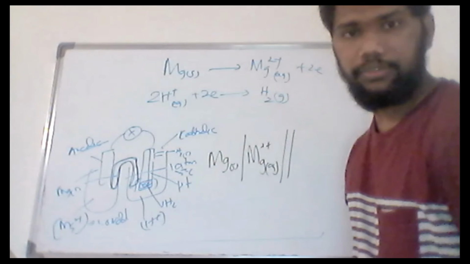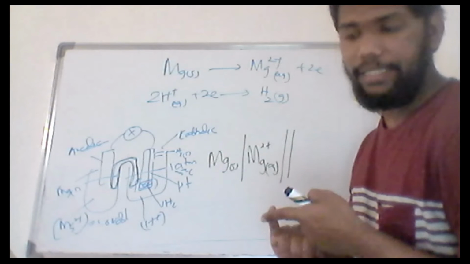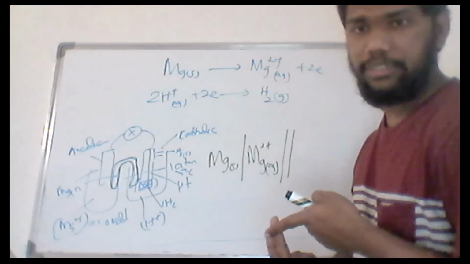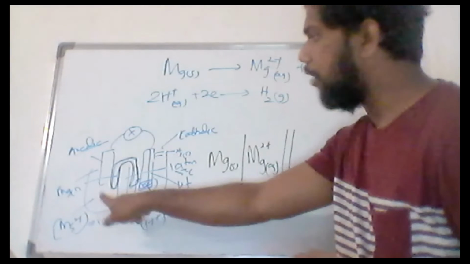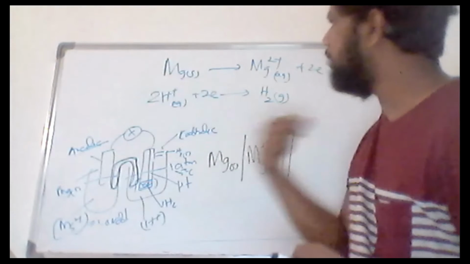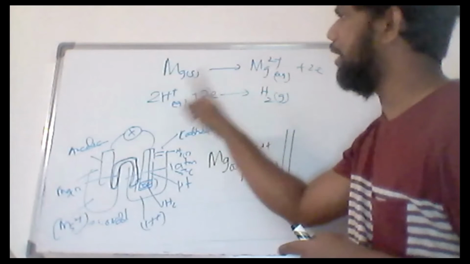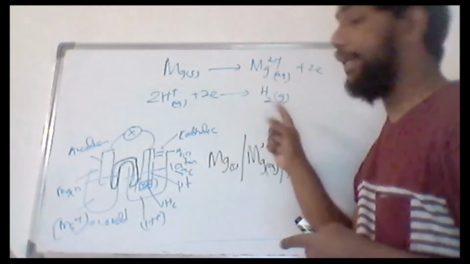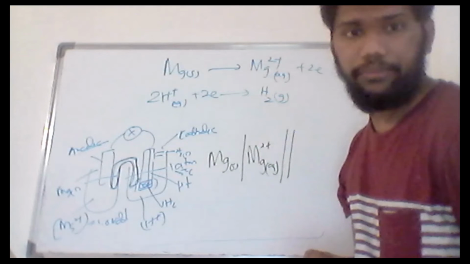Think about that. You start with H plus. That is the thing that you need to think. Because remember, anode reaction is from magnesium to magnesium 2 plus. So the cathode reaction will be H plus to H2 gas. So that is how you need to write.